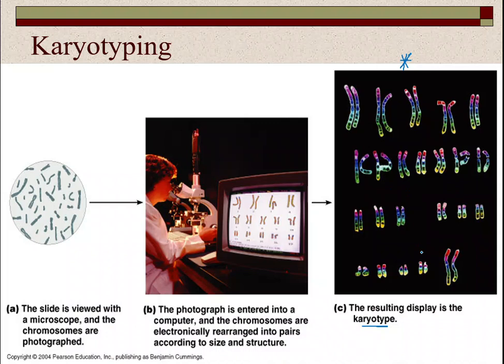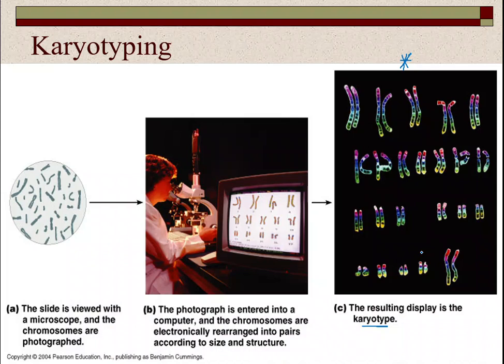But before we can do the karyotype, we usually take the fetal cells, if we're dealing with a fetus and we're trying to figure out if this fetus will inherit a specific condition, for example, Down syndrome.